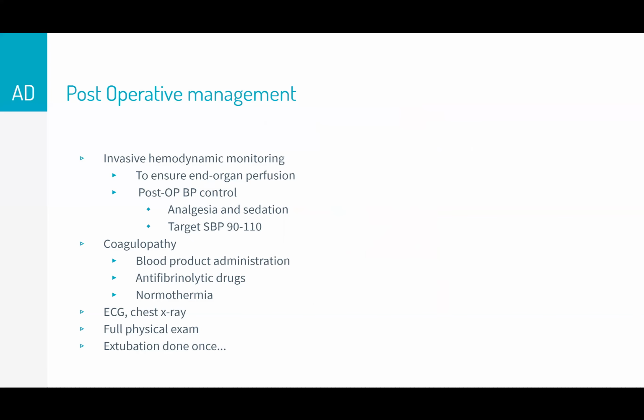You will do an ECG and chest X-ray looking for any complication post-surgery. Full physical exam for any new neurological deficits, and extubation is done for the patients when the criteria are met and the patient is hemodynamically stable and no longer bleeding.